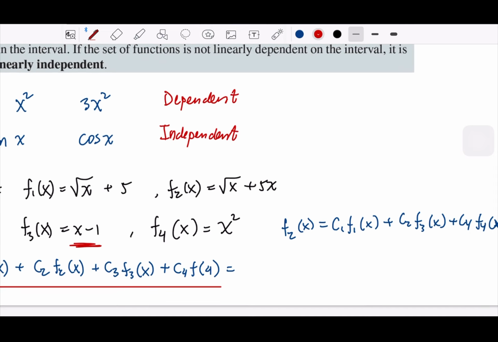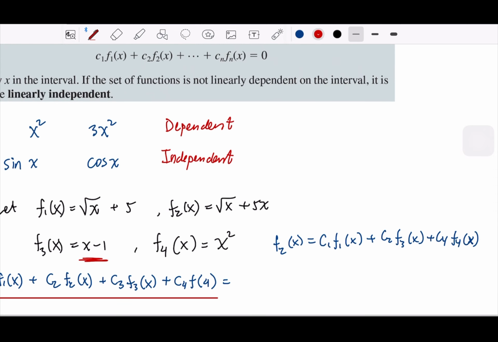Now f1 is square root of x plus 5. This is c3, sorry. f3 is x minus 1. So let's say c3 becomes 5, so we are going to have 5x minus 5.